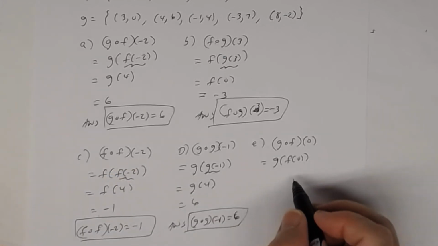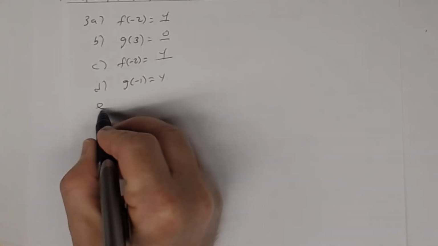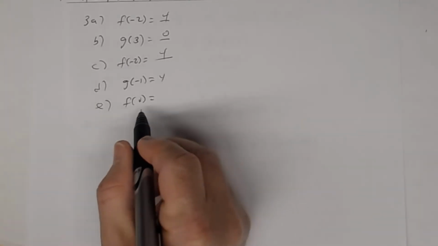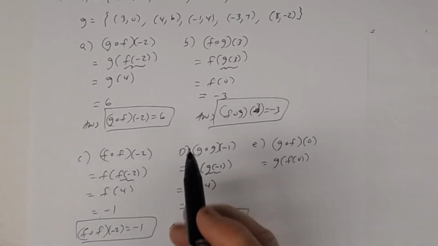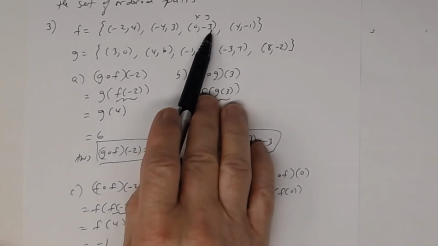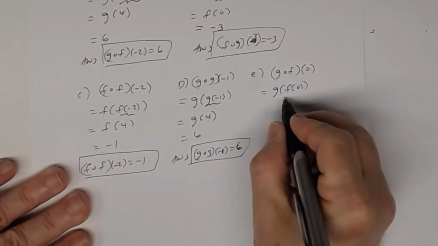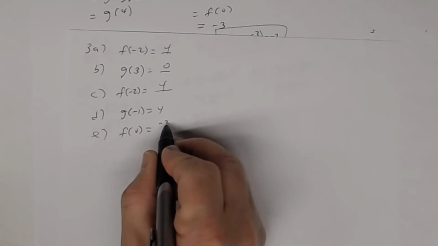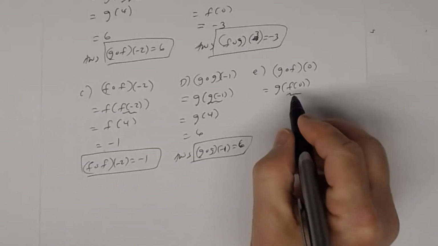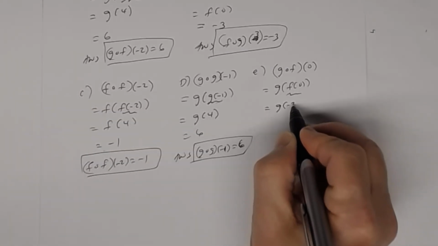So if you look at 3e, you want to find f of 0. You go to your function f, and whenever x is 0, you want to find your y value. When x is 0, my y value is negative 3. So f of 0 is negative 3. Now I want to find g of negative 3.